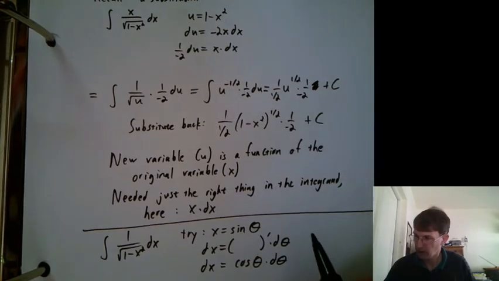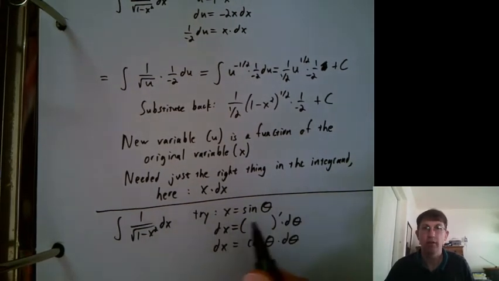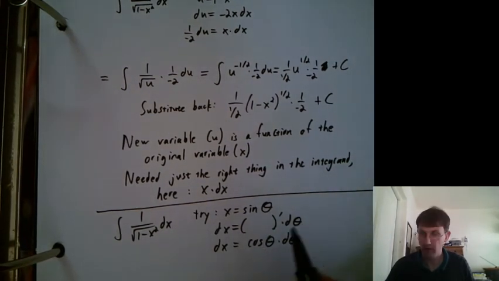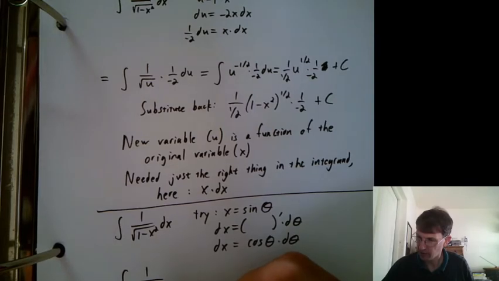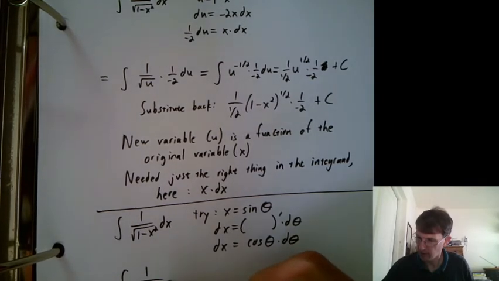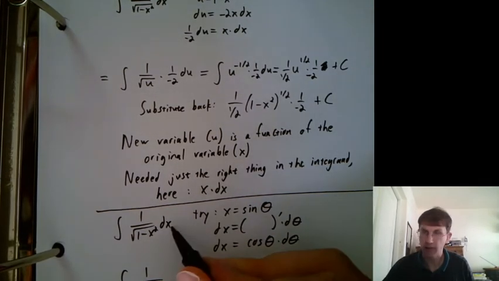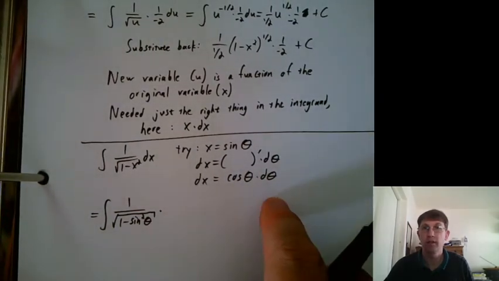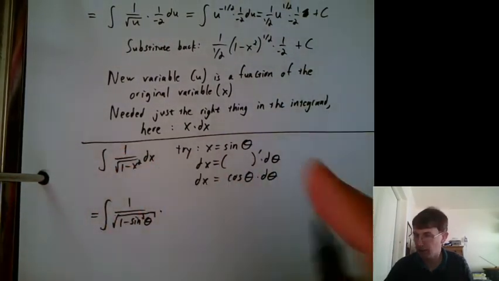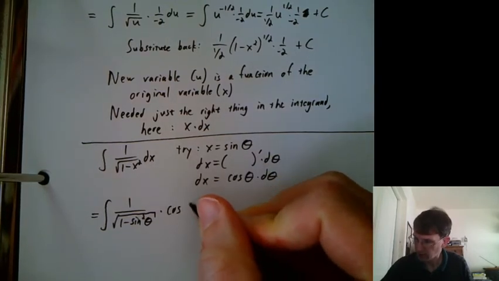So now let's rewrite the integral in terms of our new variable. So we'd have 1 over root 1 minus sine squared theta times, and then the dx becomes cosine theta d theta. I don't have to worry about combining stuff. So that's nice.